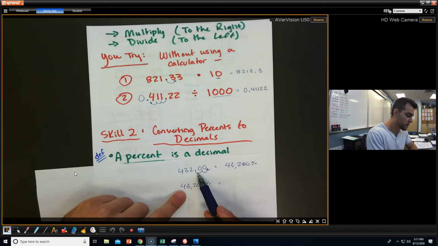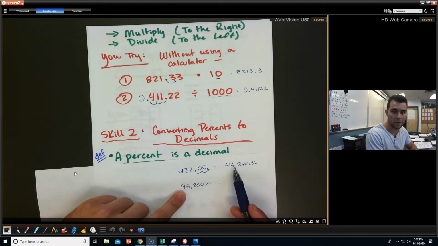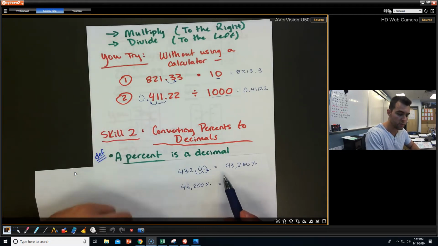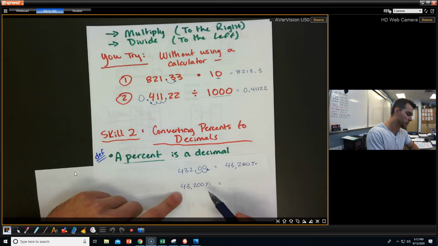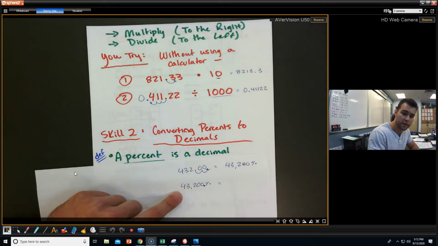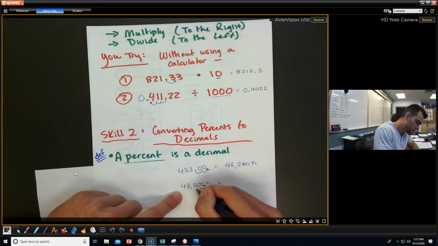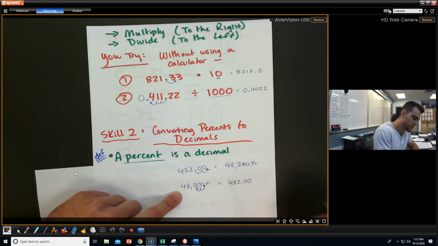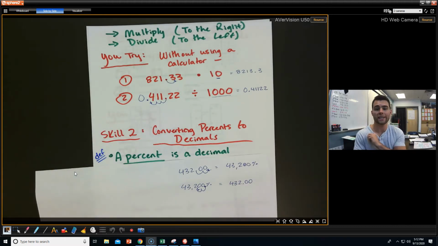Well, if to go from a decimal to a percent I multiply by 100, I just showed you up here earlier, you can go the other way by dividing. And we're going to divide by 100, right? So if my decimal point is right here, I divide by 100, 432.00, and now I am no longer in a percent.